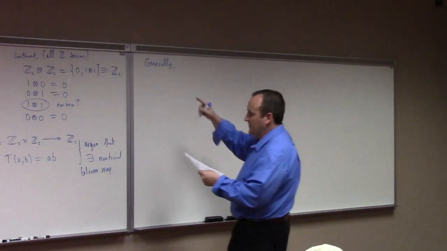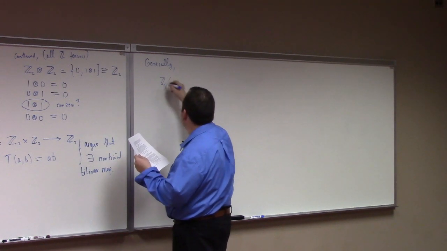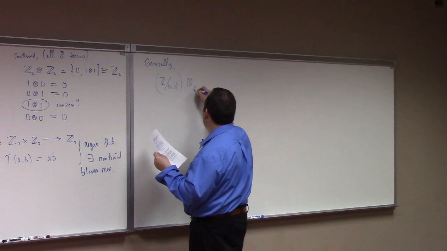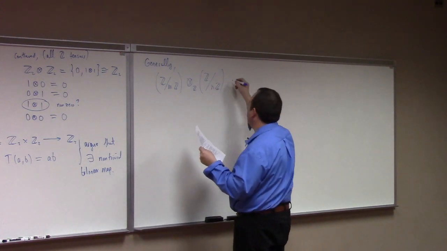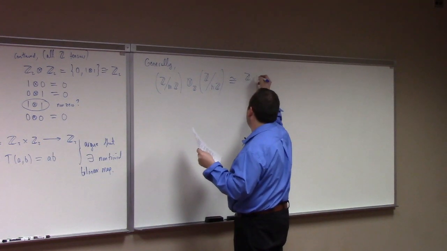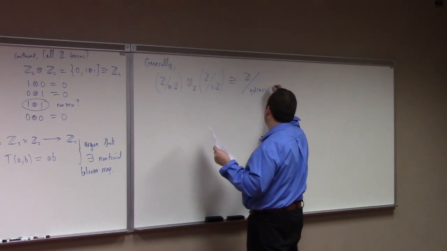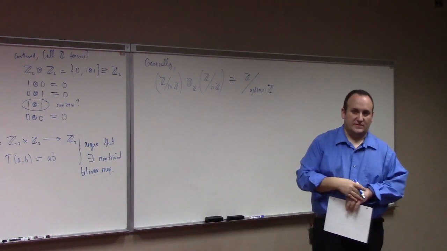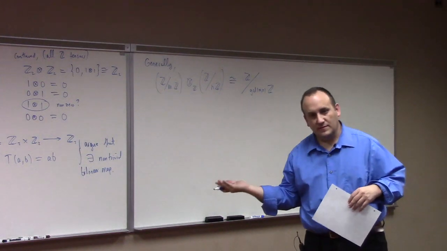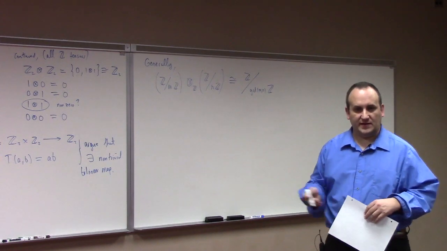So generally, just to finish the story here, if you look at Z mod mZ tensor over Z of Z mod nZ, what you get is that it's isomorphic to Z mod gcd(m, n)Z. So the GCD of 2 and 2 is 2, the GCD of 2 and 3 is 1, and Z mod Z is just the 0 space again.